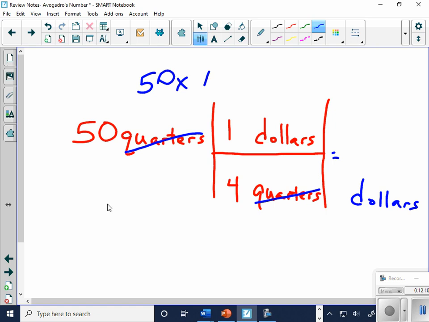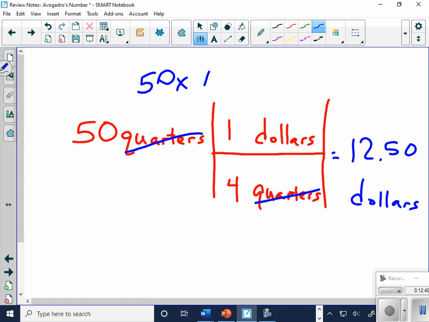So really what I'm doing is I'm taking 50, I'm dividing it by 4, and when I do the math, I come up with 12.50. So if I would have 50 quarters, I would have $12.50. All right? Nice, easy conversions. You can do that, right?